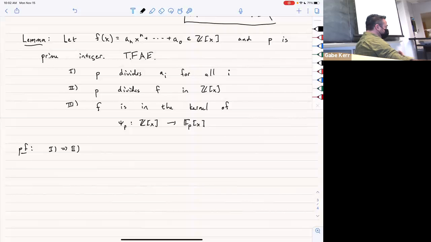Right. This is a sort of a direct proof, right? So by 1, a_i equals p times b_i, for some integer b_i.